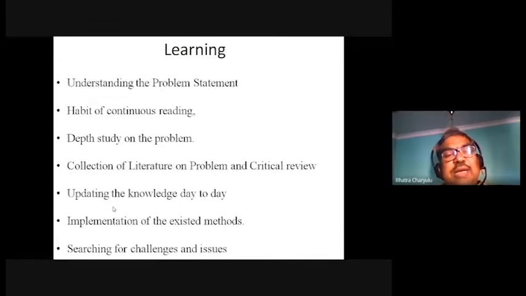Now, what you are learning from research: understanding the problem statement and the habit of continuous reading. That means every researcher will automatically have this. So he can understand any problem that is given, and he has a habit of continuous reading and depth of study in the problem.